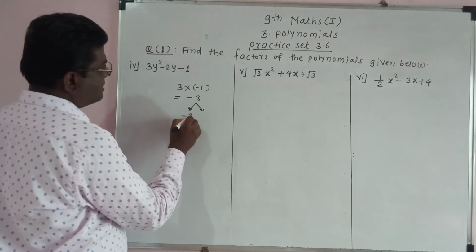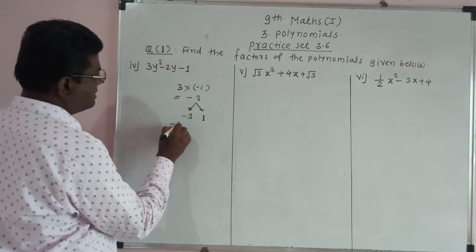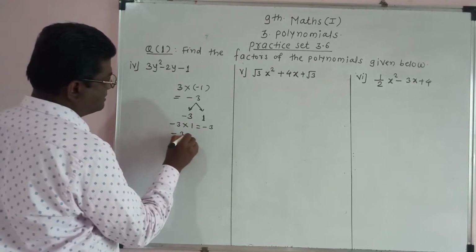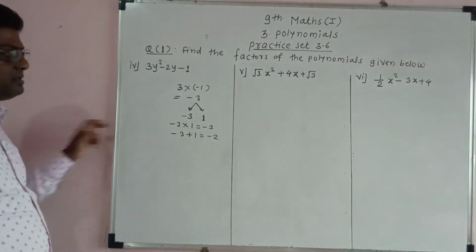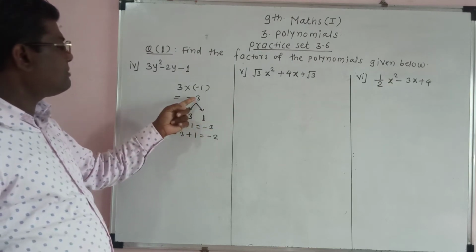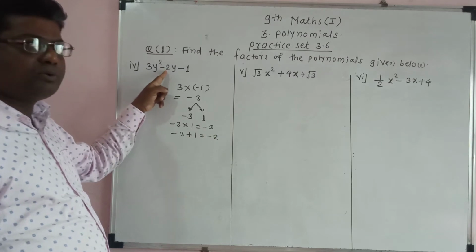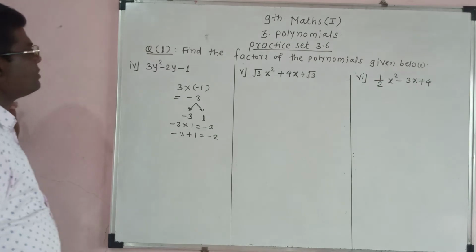So numbers are -3 and 1. Now -3 into 1 is equal to -3 and -3 + 1 is equal to -2. So -3 and 1 are such numbers, their multiplication is -3 and their sum is -2, equal to the coefficient of the middle term, that is the coefficient of y.